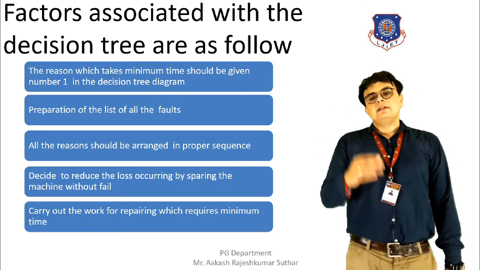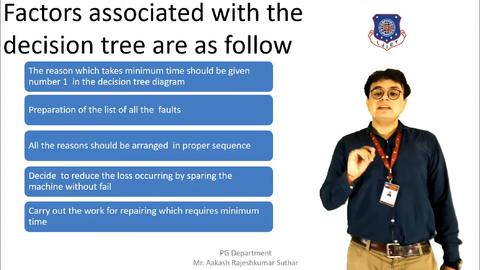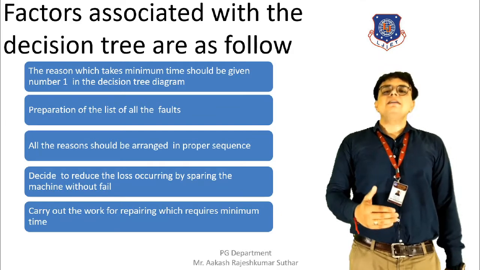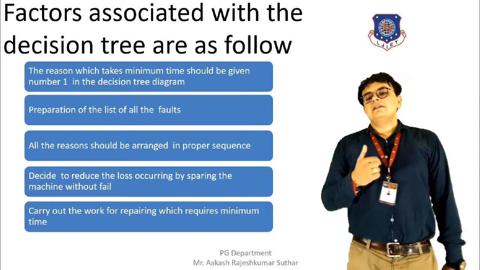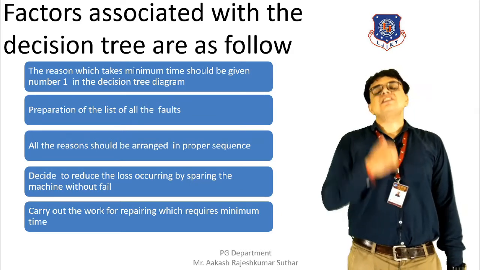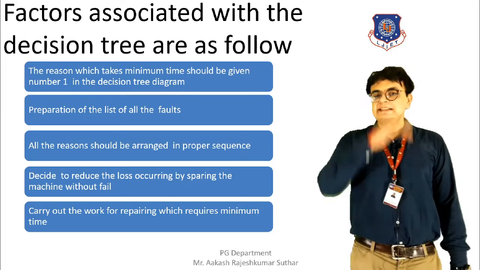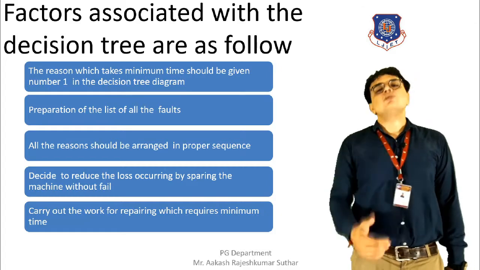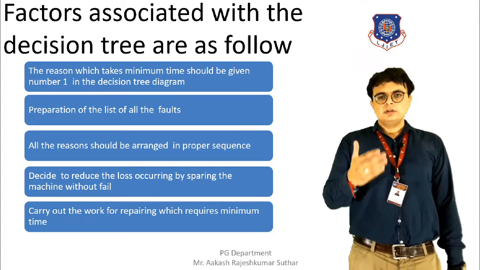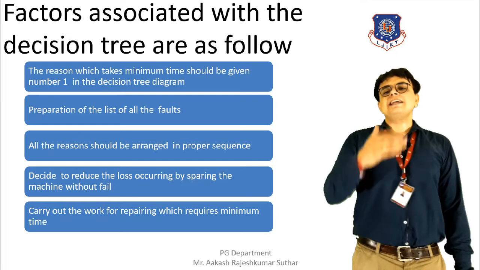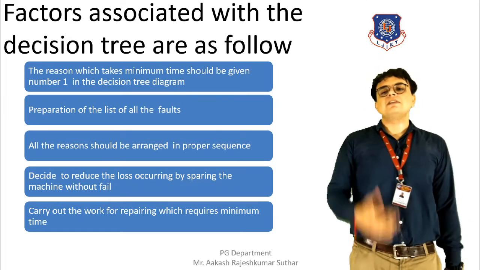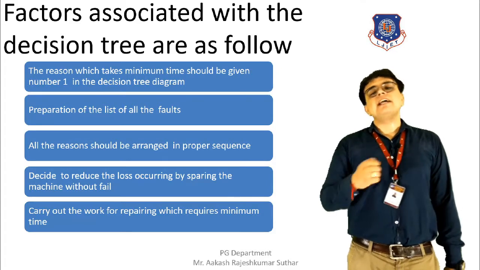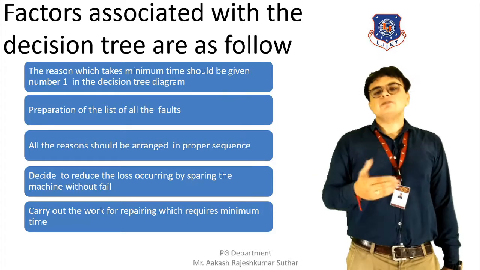Similarly, the fault that requires more time for its rectification should be listed at the last. Intermediate faults should be displayed accordingly. Those which take less time for repairing, or recurrence, should be listed above, and those faults which take more time should be displayed afterwards.